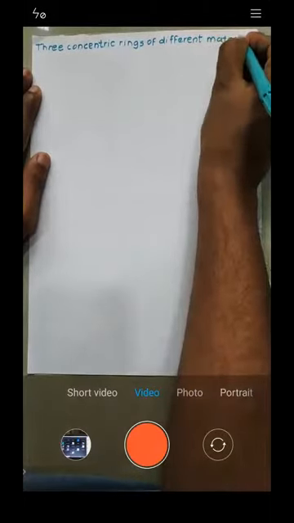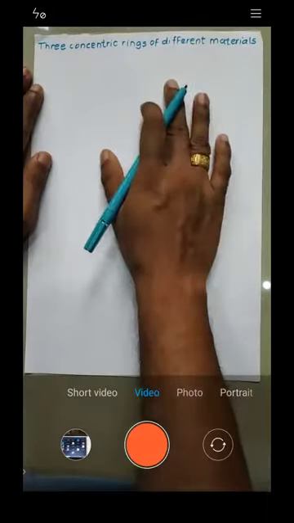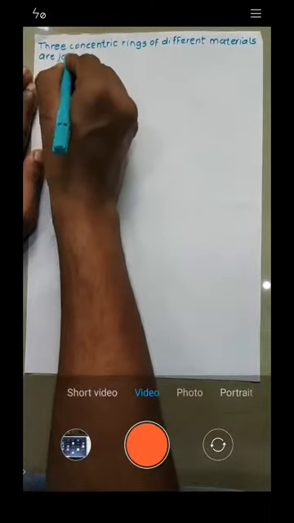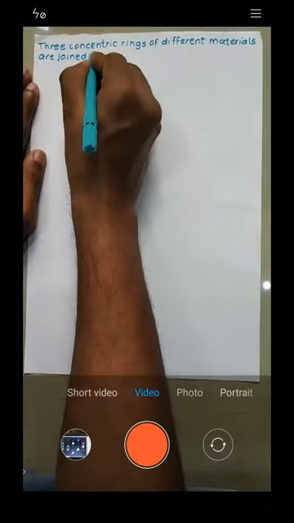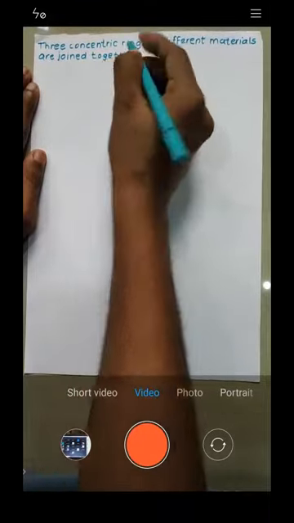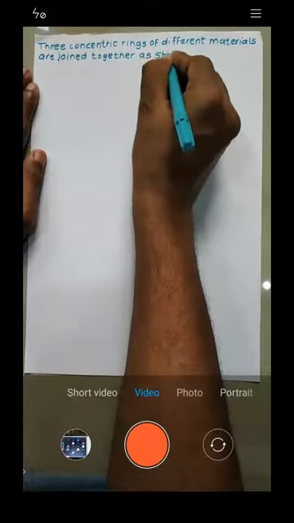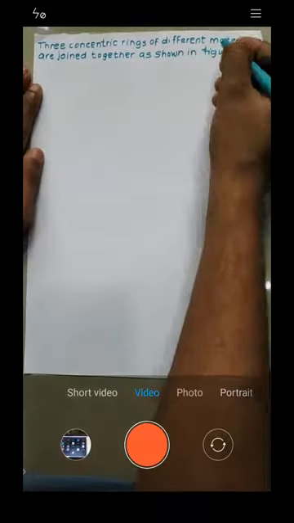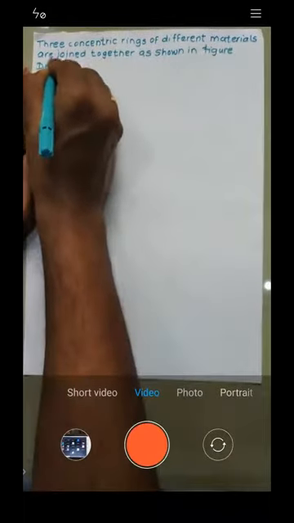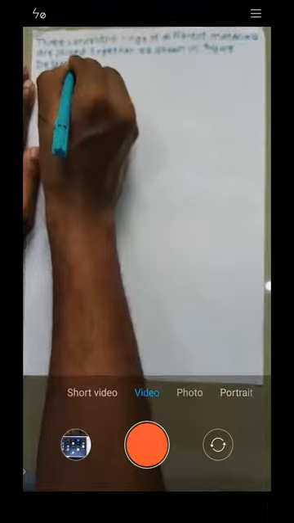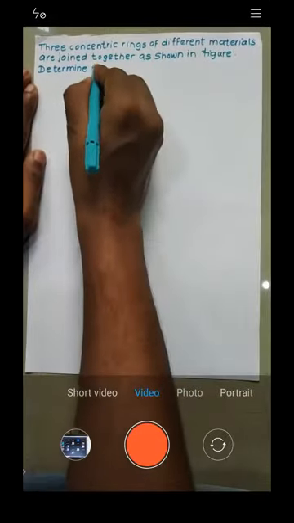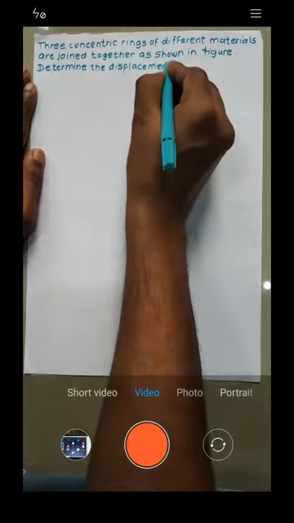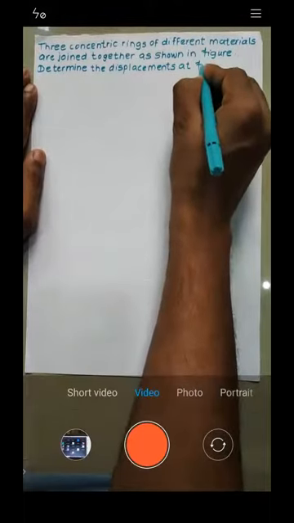We have three rings, which are made up of different materials, joined together as shown in the figure.